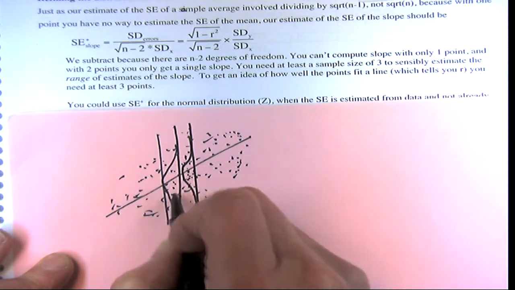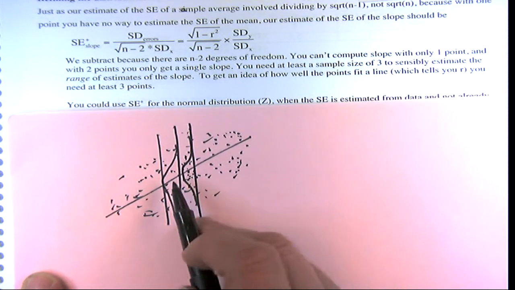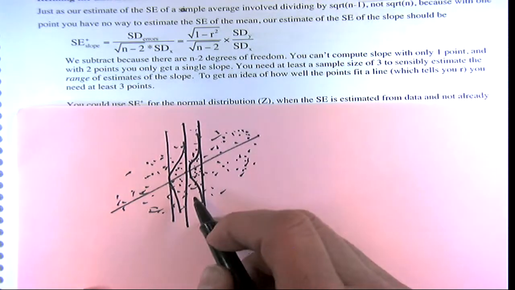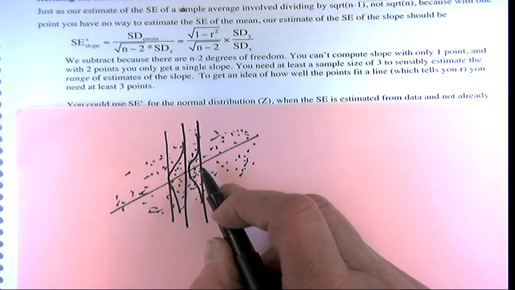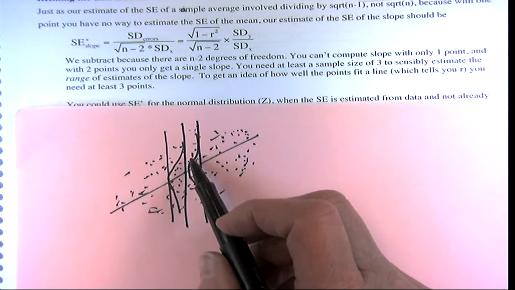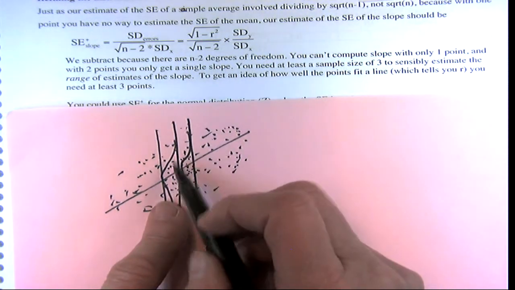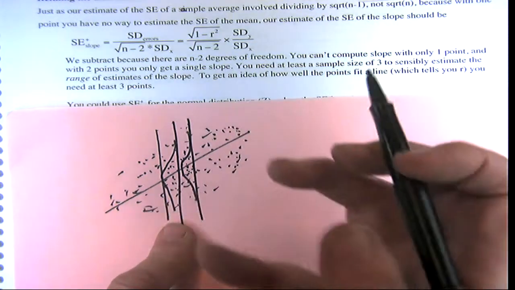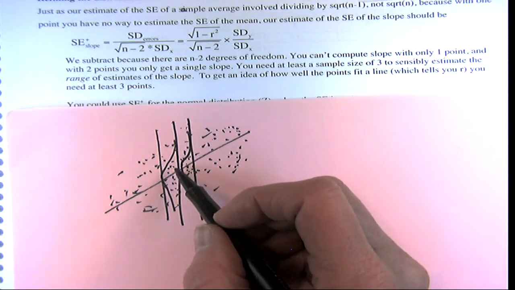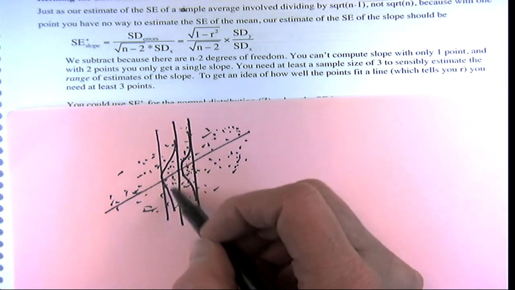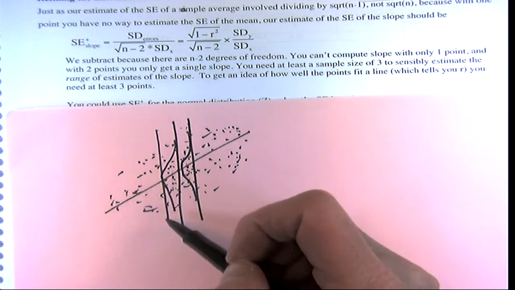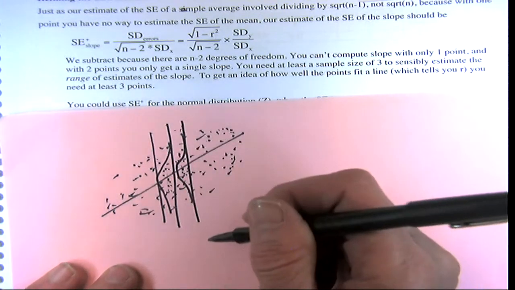Now, why is that important? That is important because when we're trying to estimate the standard error of the slope, with just a small sample size, you're going to get a bad estimate. The central limit theorem says that it doesn't really matter in the population if these are not normally distributed, as long as you have a big enough sample size, then the sampling distribution of the average will be normally distributed.